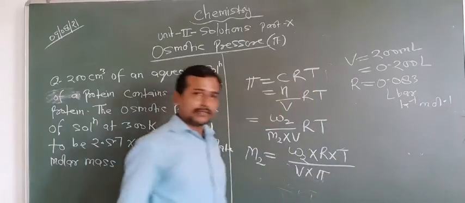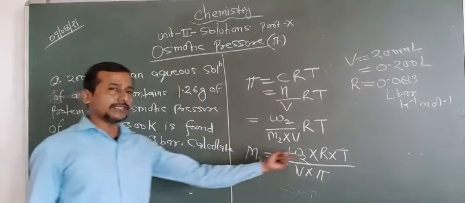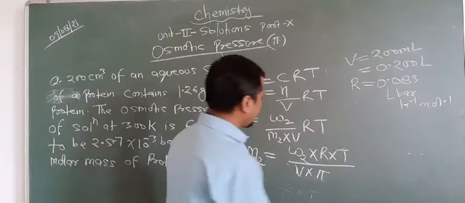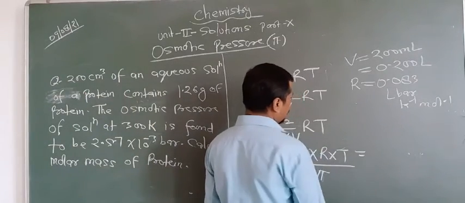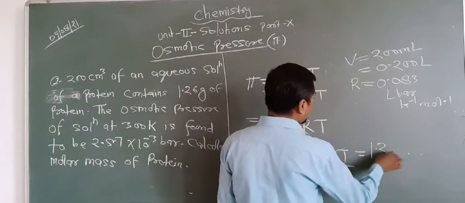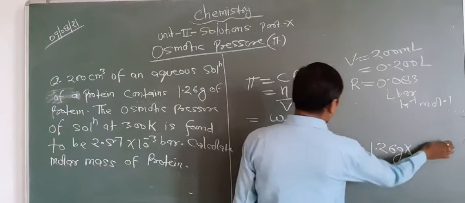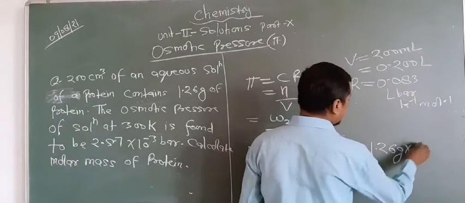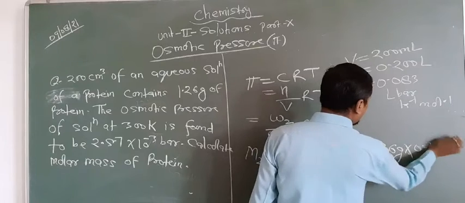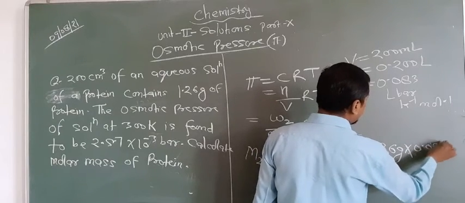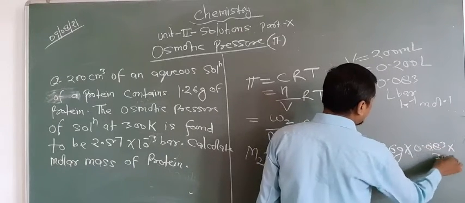Are you getting this point or not? Now putting these values in: temperature is given in Kelvin, so no need to change this. Now we can write it like this: W2 given is 1.26 gram, multiplied by R, which is 0.083, and temperature given is 300 Kelvin.